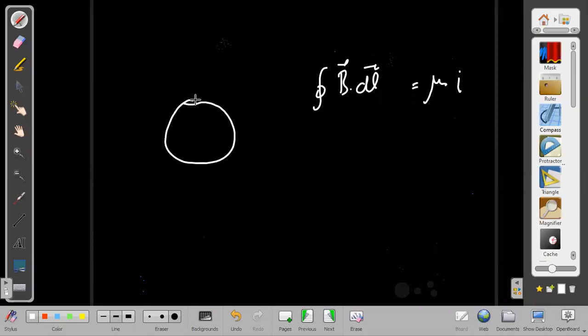For example, if I take line integral in this way and current inside it is in this way, then the current is up towards me, and the line integral is also pointing in which direction? Anti-clockwise. That is also like towards me. Anti-clockwise means dot and clockwise means cross. So we can think that if these two are in the same sense, then we will take positive. If these are in opposite sense, then we will take it as negative.